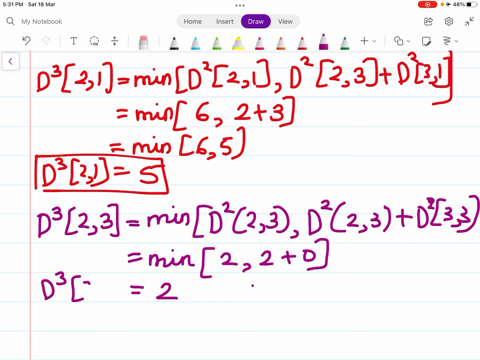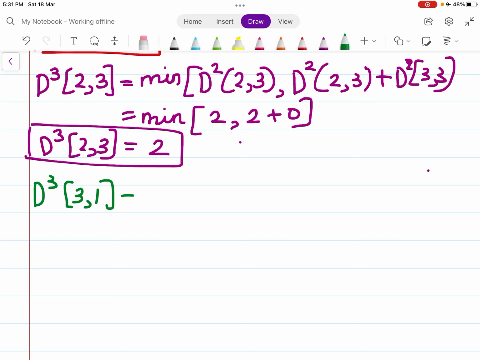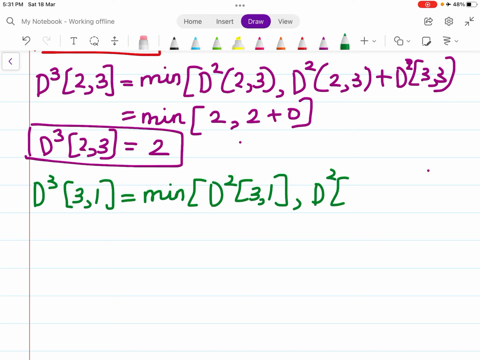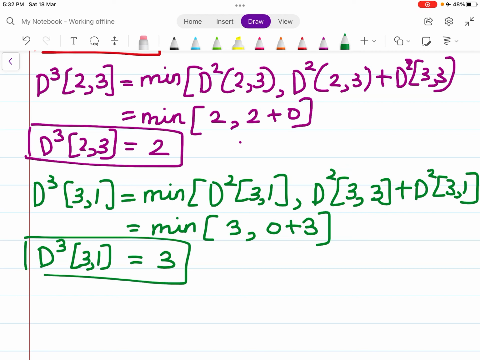So 2 is the minimum for D3 2 comma 3. Next is D3 3 comma 1, which is minimum of D2 3 comma 1, comma D2 3 comma 3 plus D2 3 comma 1. Minimum of 3 comma 0 plus 3, that is 3. So D3 3 comma 1 is 3.